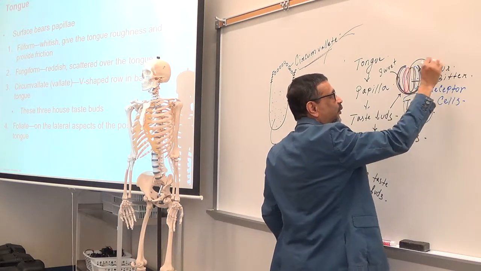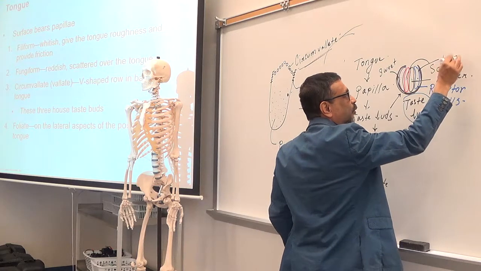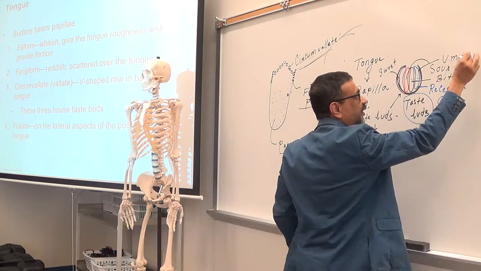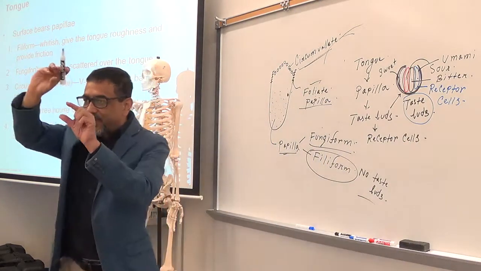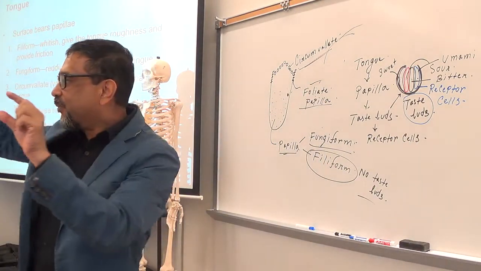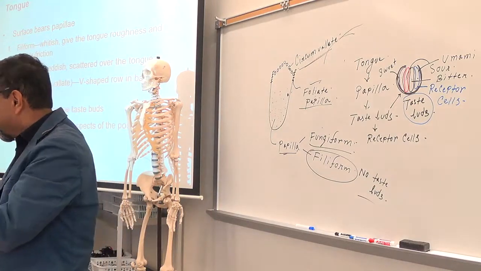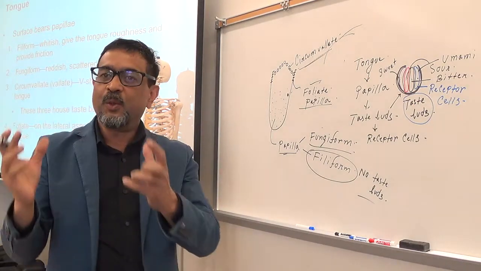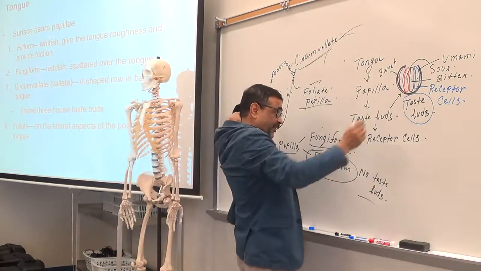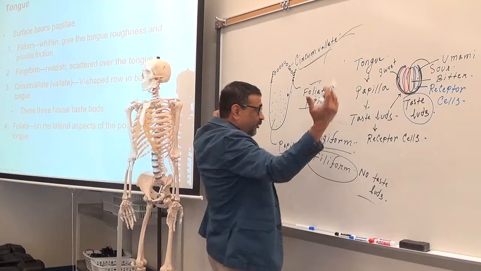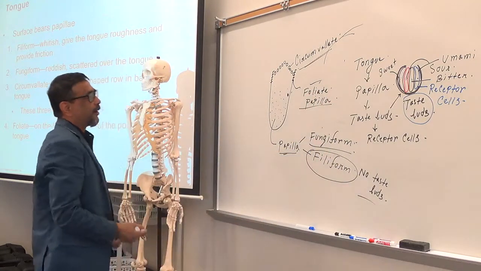Okay. This one is, another taste is called umami, this taste of protein. So that's why you have different types of receptor cells inside the taste bud, because you taste different food, different taste: sweet, sour, bitter, salty.